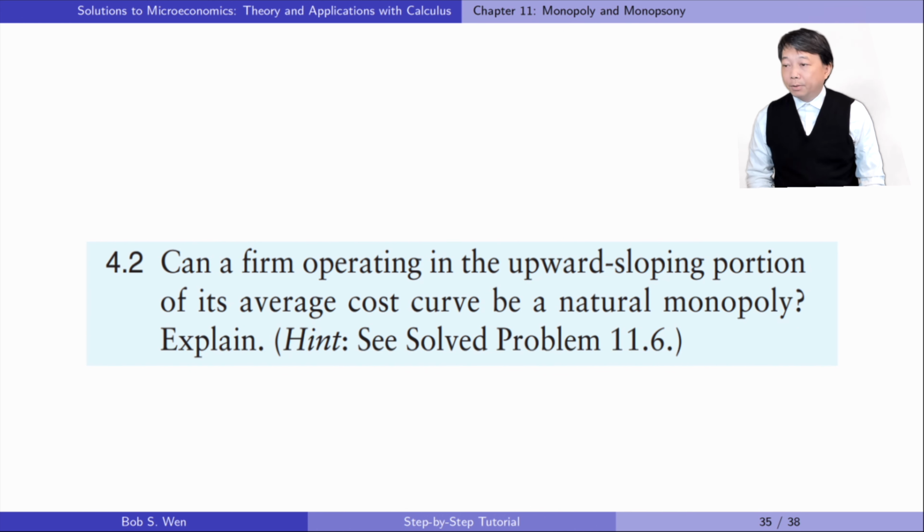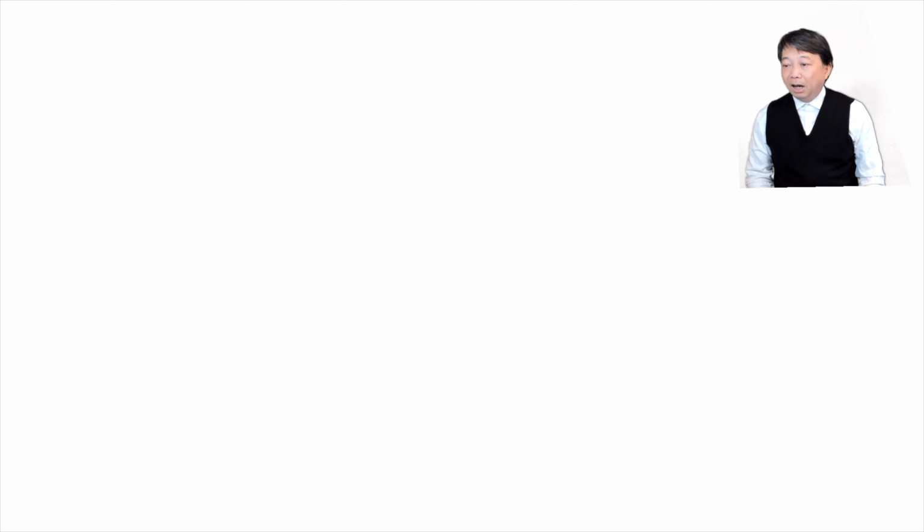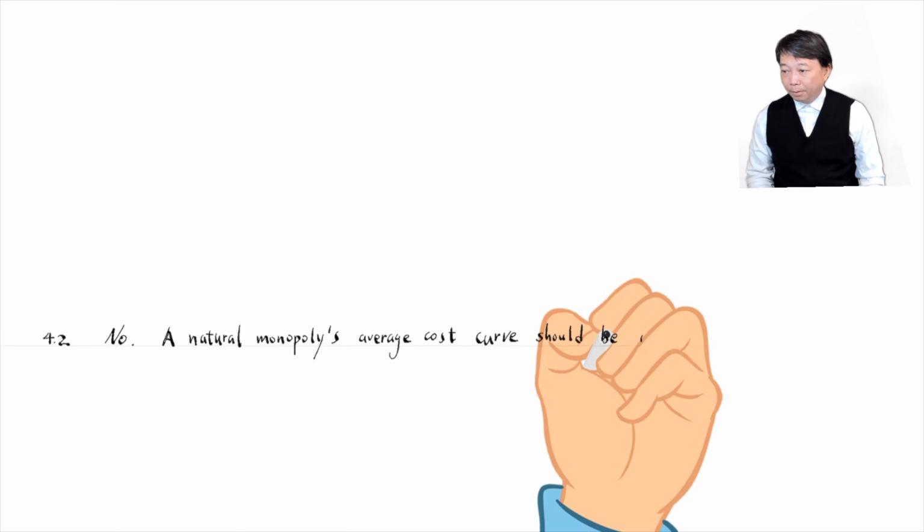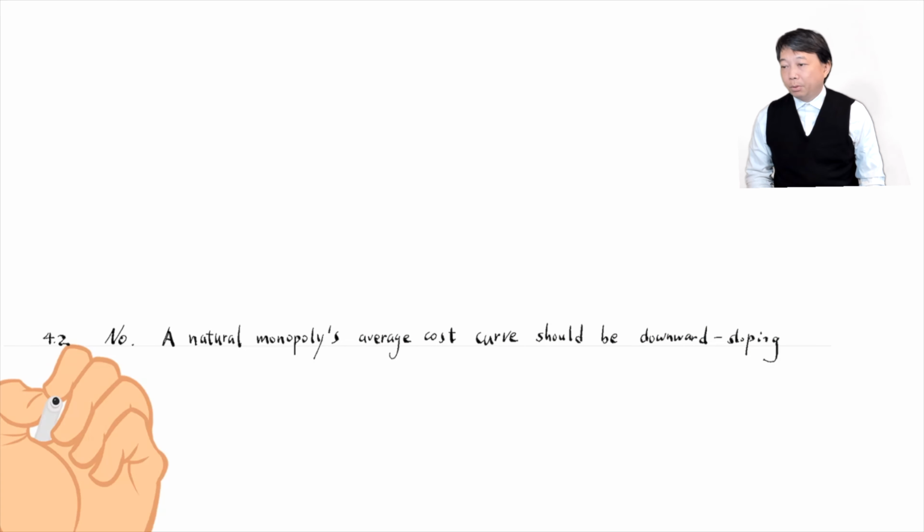Let's solve exercise 4.2. Can a firm operating in the upward sloping portion of its average cost curve be a natural monopoly? Explain. No, a natural monopoly's average cost curve should be downward sloping for all output levels.